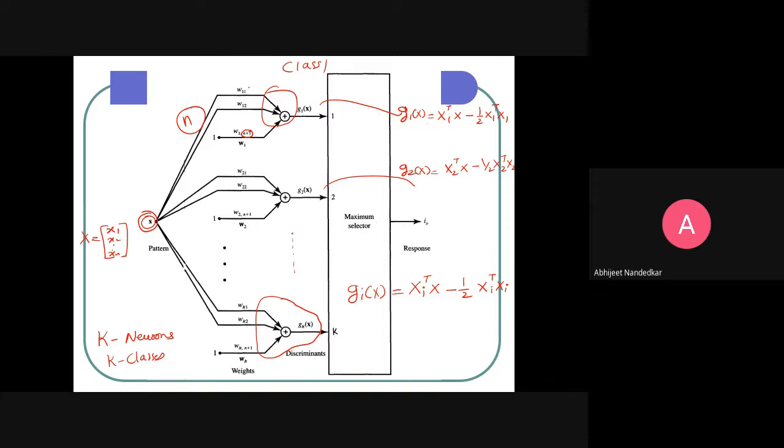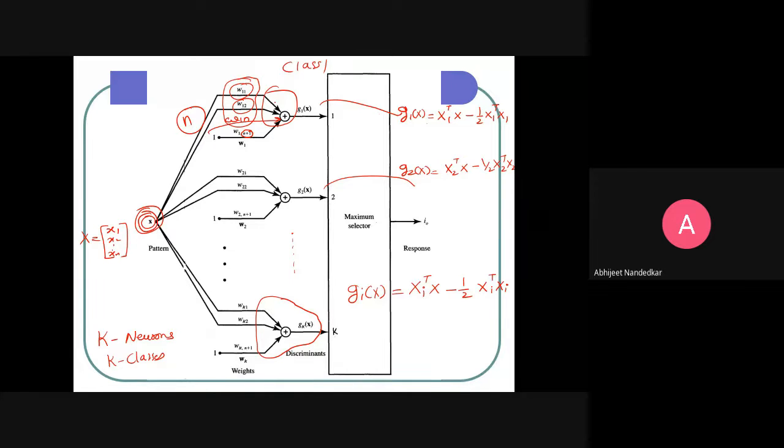So what should I write here: w11, w12 and so on up to w1n. There will be one more terminal here. If I take this group, it should get multiplied with this input.